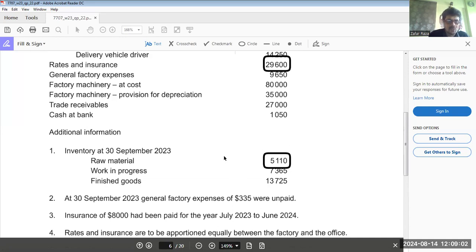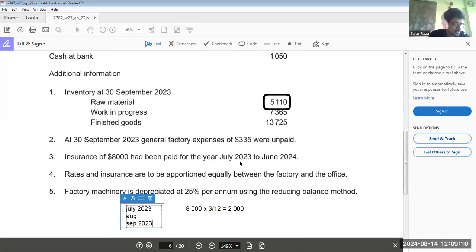That would give you 23,600 as the rates and insurance amount. And because rates and insurance are apportioned equally between office and factory, half would be taken as rates and insurance for the factory. That would cost 11,800.